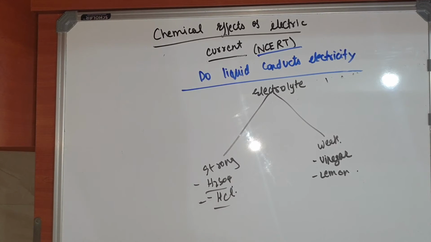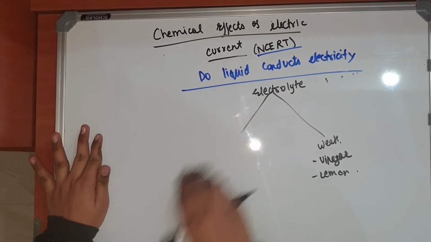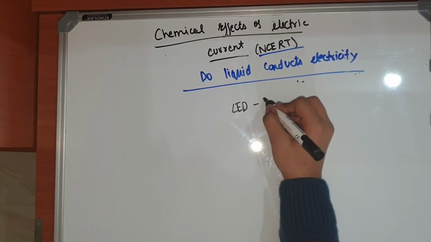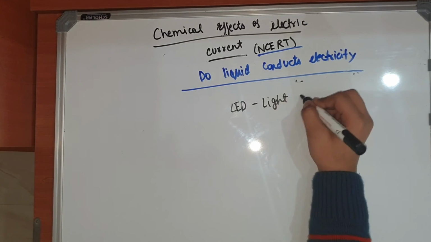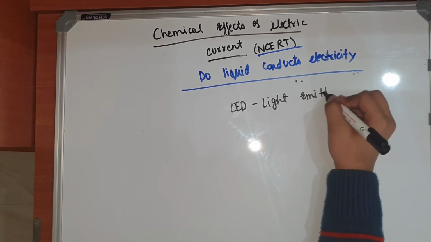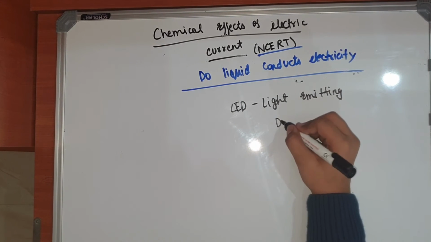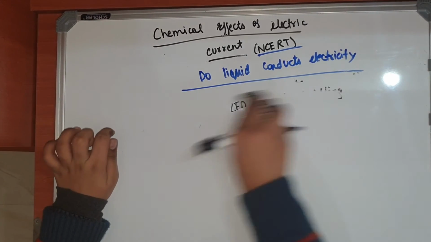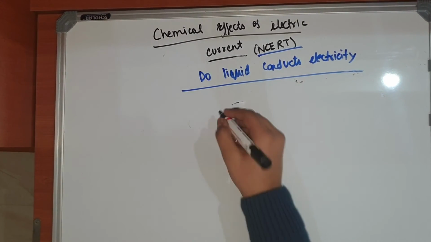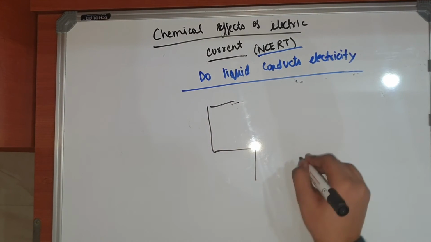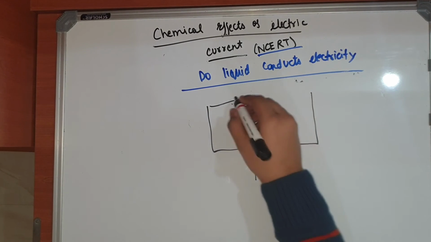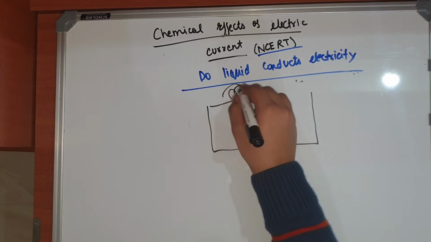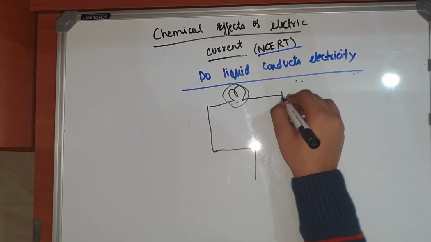So how to test whether a liquid is a strong electrolyte or a weak electrolyte? Full form of LED is light emitting diode. So if we make a circuit like this, a bulb here and a battery.